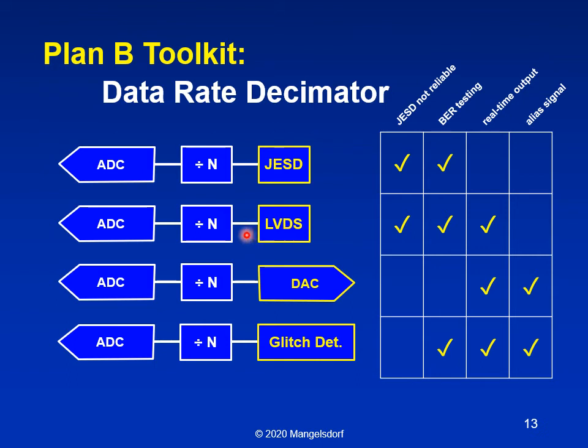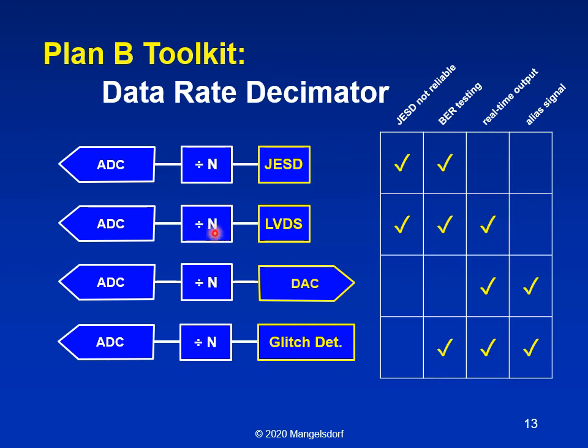So dividing the clock rate down, doing this decimating, basically gives you a way to do that. That's good for all kinds of things: if the JESD isn't working, if you don't have access to the data in the first place, or if you want to do bit error rate testing, where you want to eliminate any error rate associated with the JESD. And another important thing is the real-time output, which I'll talk about in a minute.